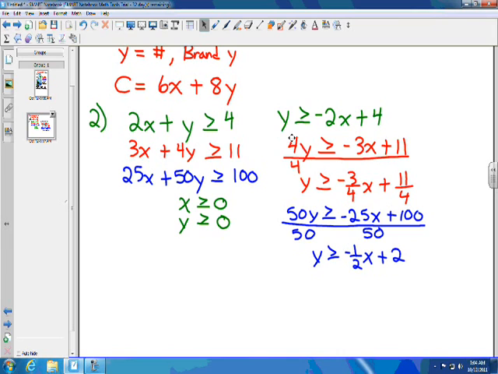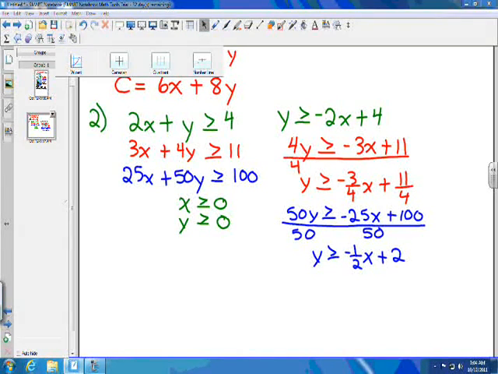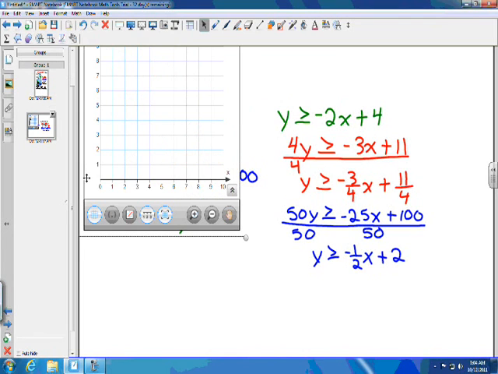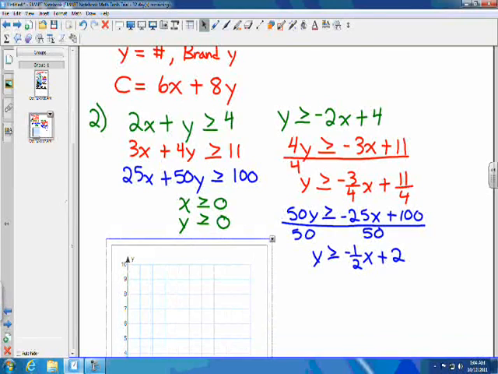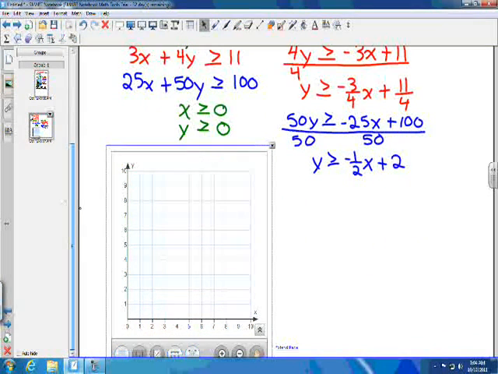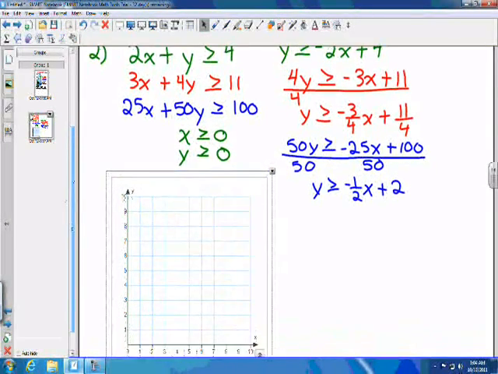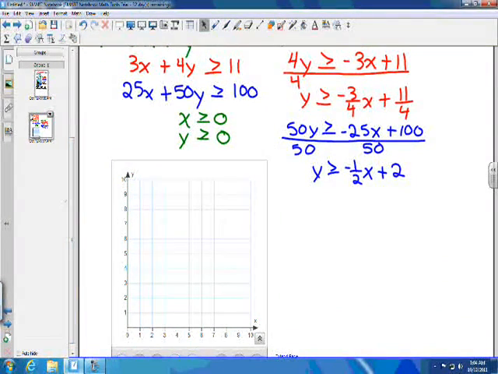So then we're going to graph it. It doesn't appear you'll have to change your window to anything special. I would go back to negative 10 and 10 on the window.